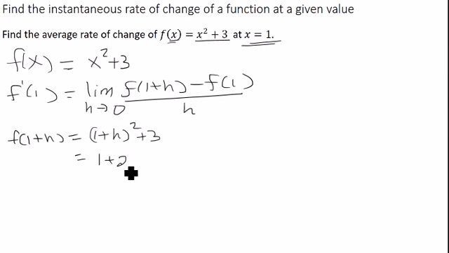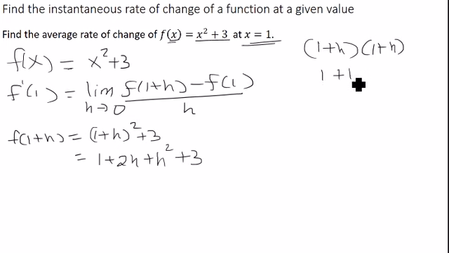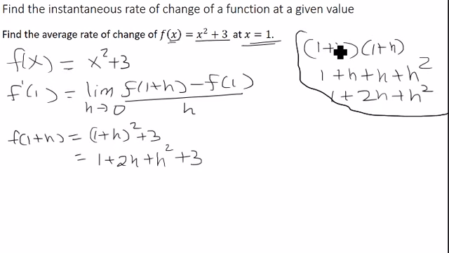If you don't know how to get from here to here, you might want to just FOIL them all together. So 1 plus h, 1 plus h, and then 1 plus 1h, which is h, plus another 1h, plus h squared, and that's going to be 1 plus 2h plus h squared. That kind of thing should be doable, and you should not spend much time on it.